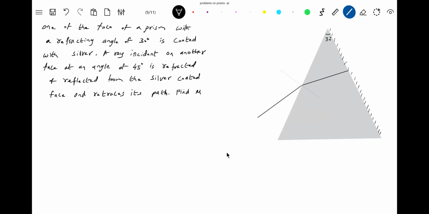It will be incident normally and retrace its path. It should be incident normally, 90 degrees. This angle 45 degrees is asking to get the mu. This is R1. What is R2? R2 will be 0 here, no? And this angle of prism A.